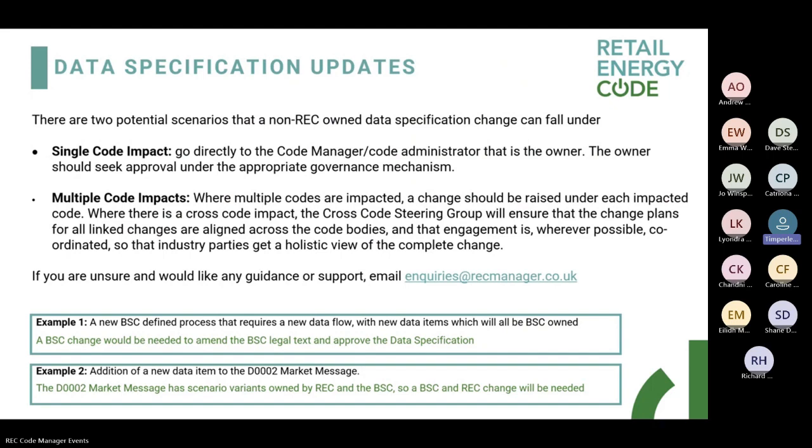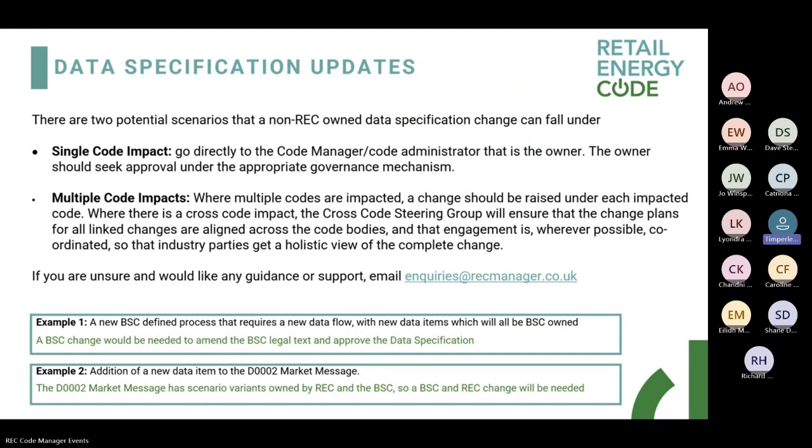They will ensure that the change plans and the activities across those linked changes are aligned across the different code bodies, and that engagement, wherever possible, is coordinated, so that you get a holistic view of the change, regardless of whether it's going through one code or multiple codes. And if you're not sure of the impact or where to raise it, just email our inquiry service and we'll be happy to help you figure that one out.